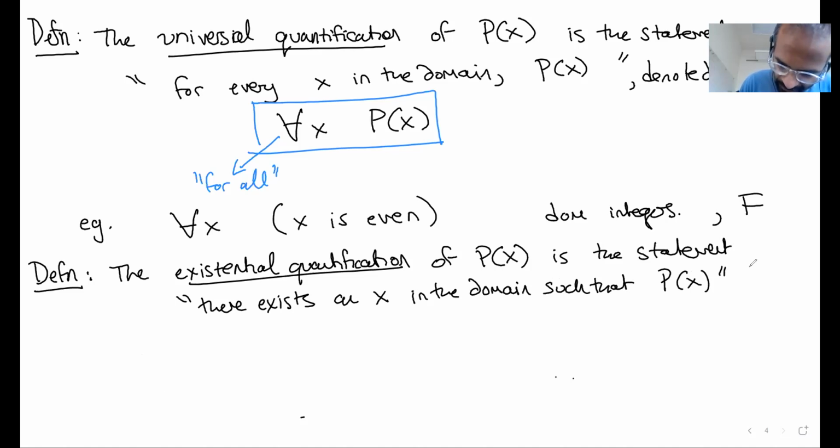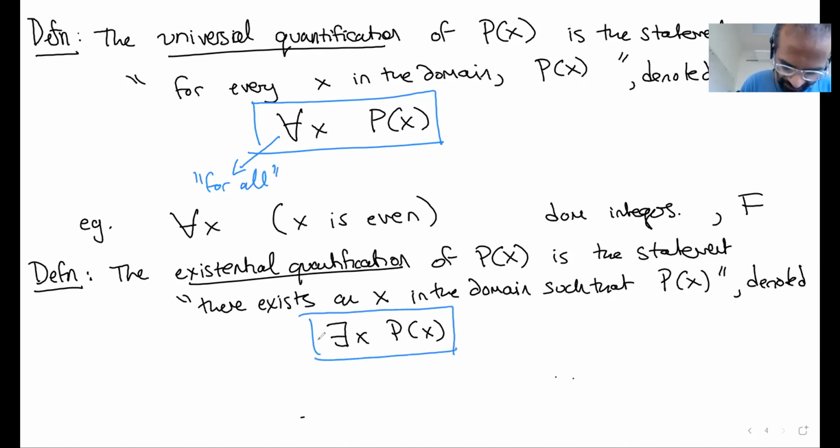It's denoted there exists x, P of x. And this is read as there exists x, and sometimes you say such that.